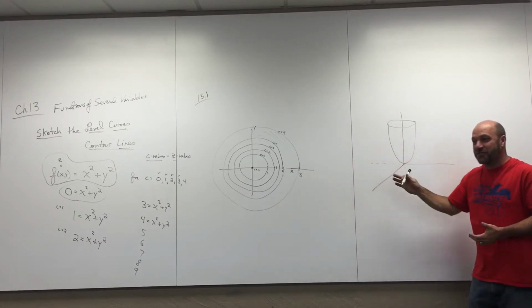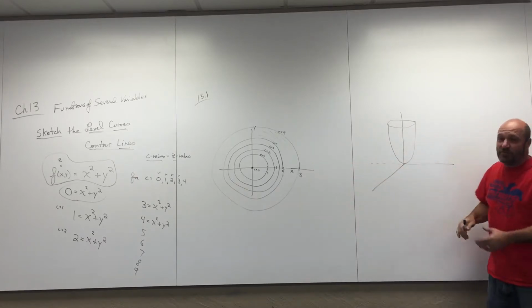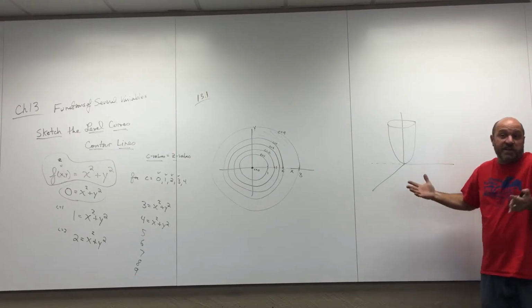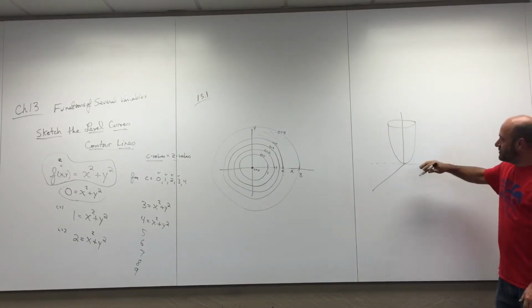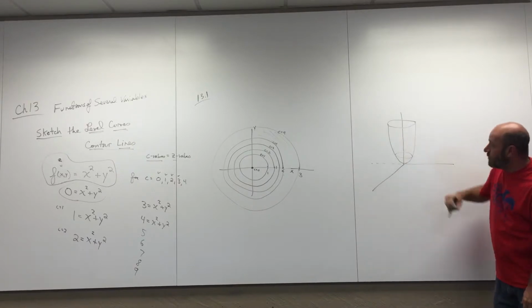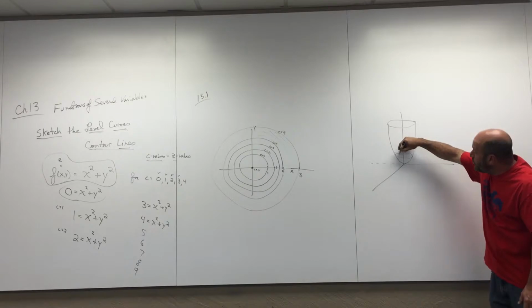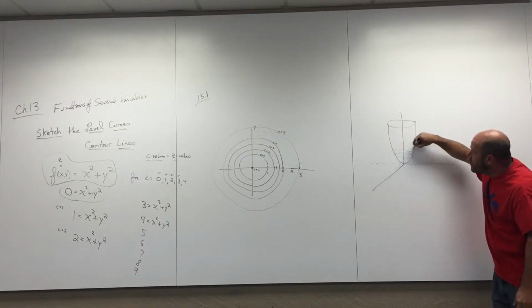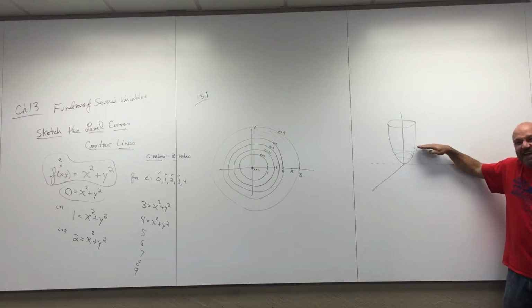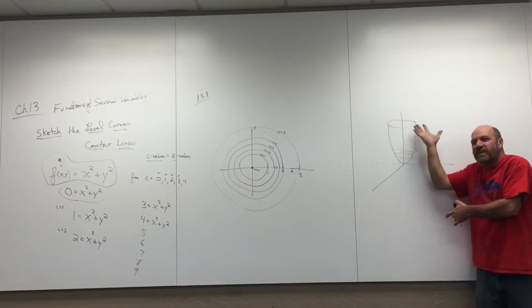It's a very circular paraboloid, and what we've done is we've sort of looked at all these cross sections. When z equals 0, what did it look like? A point. When z equaled 1, we had a circle of radius 1. When z equaled 2, we had a circle of radius square root of 2. But listen, here are the contour lines that we just drew, living on the function.